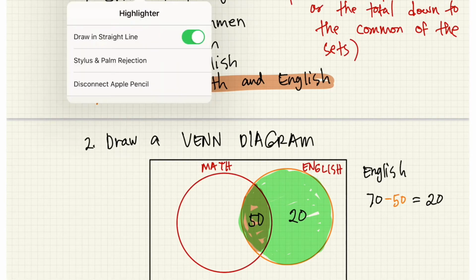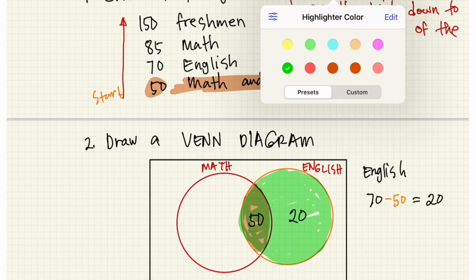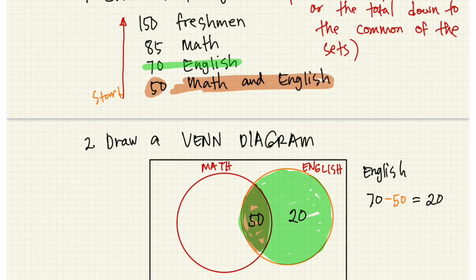Alright, so for English, that's for English. Now we go for math. Anything that is inside this circle here belongs to math.